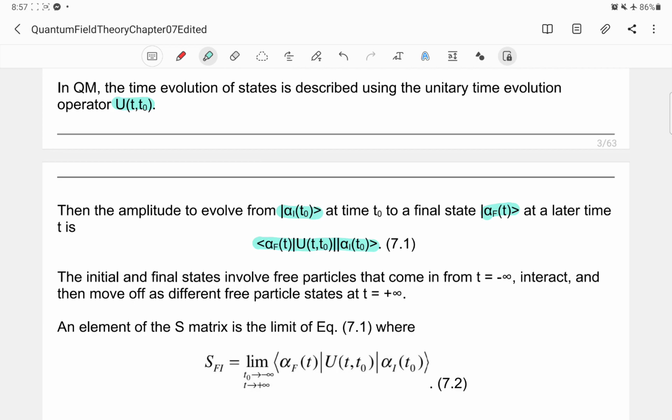An element of the S matrix is the limit of this equation, where S from initial to final, which is given by this, is given by this expression here. The notation is usually you have fi here because you have the final state here and the initial state here.